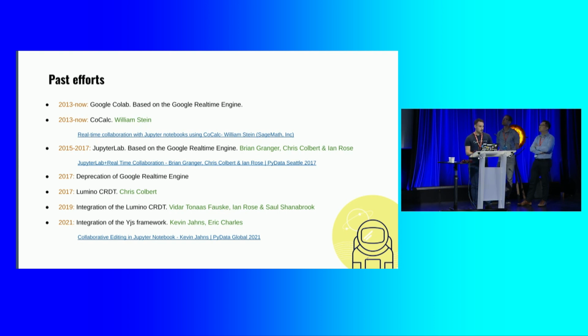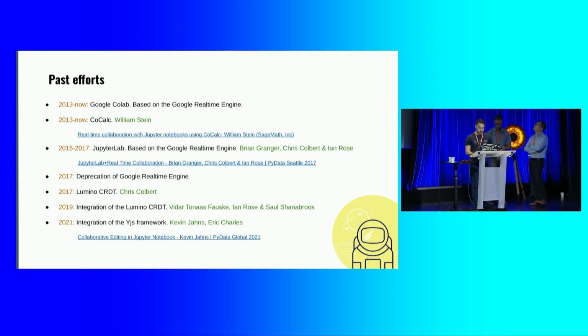And right now, Google Colab is not collaborative. There was another attempt from William Stein, which is actually collaborative. It's quite impressive. You should check out CoCalc. It's awesome what he did all by himself. He rewrote the notebook entirely, thinking of collaboration first.